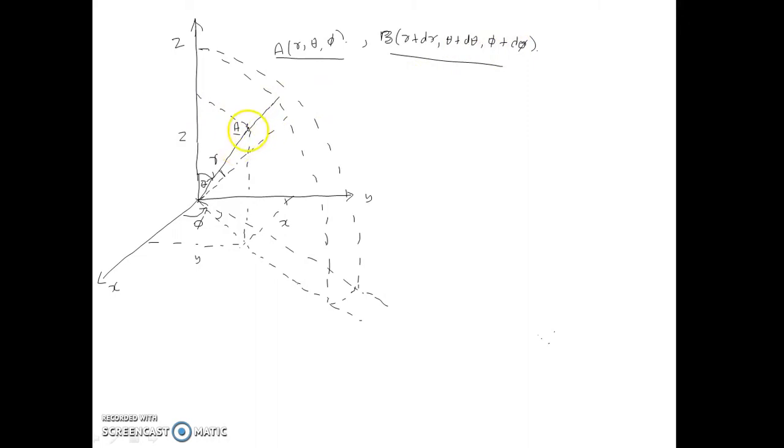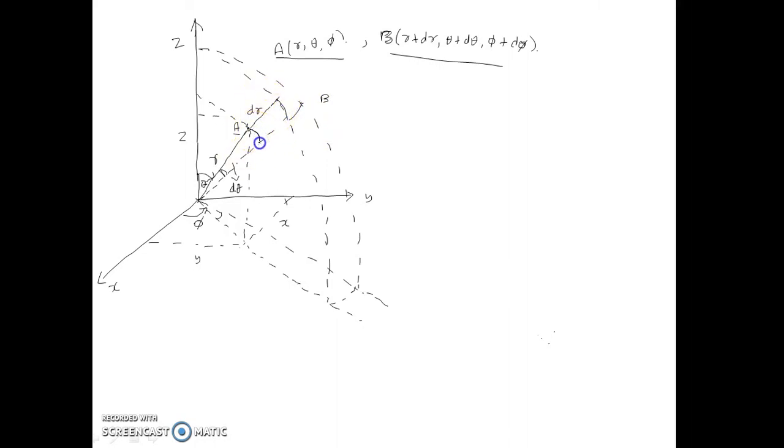So this is r, and r is incremented by dr. This angle is theta, and we increment theta by d theta. Then it is incremented by d phi, and this is the point B.